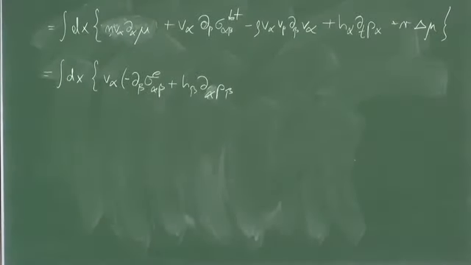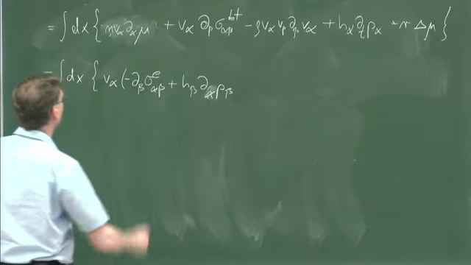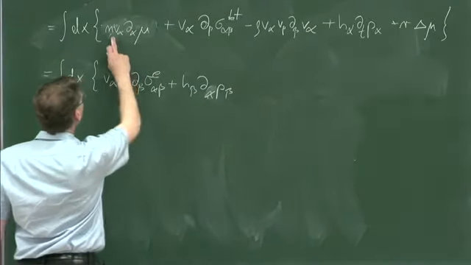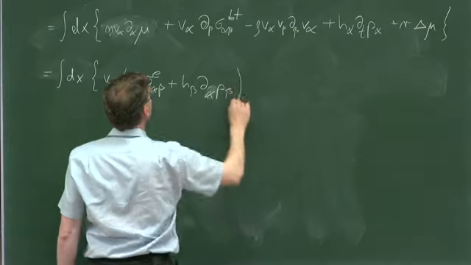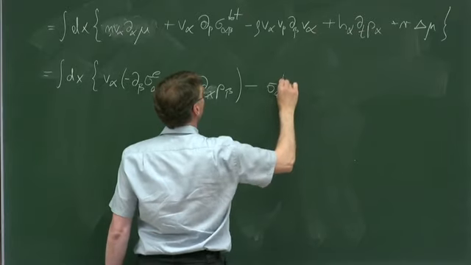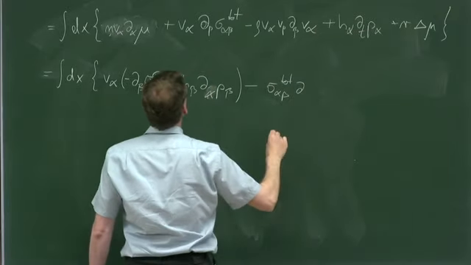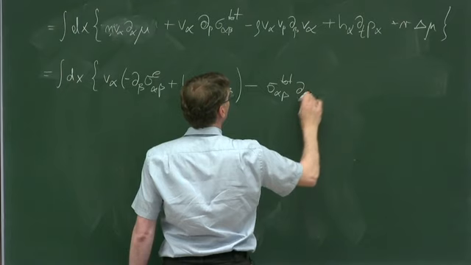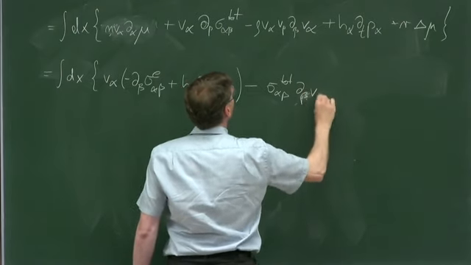Right. So this is how I replace the n d alpha mu, and I write down here my sigma alpha beta total times d alpha d beta v alpha.